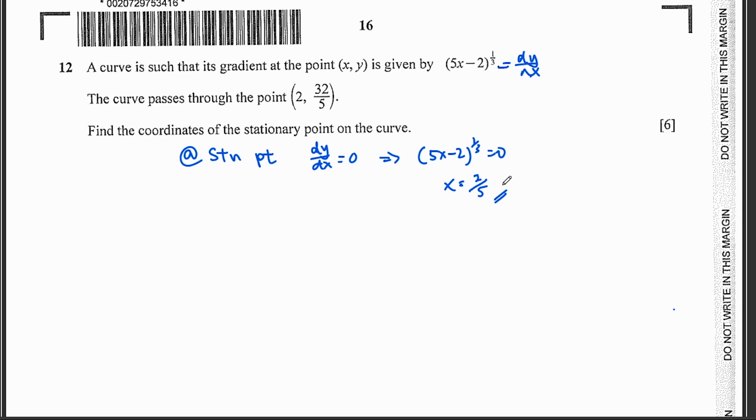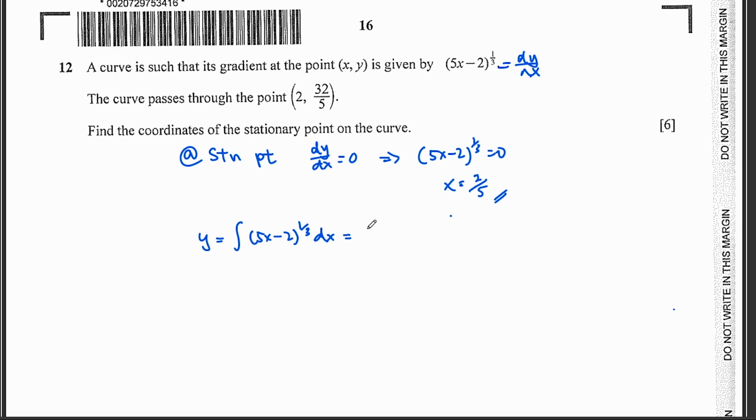Right, so now we have the x-coordinate. We want to find the original function y so that we can find the y-coordinate also. So to find the original function y, we just need to integrate this function. To do that, we will add 1 to the power.